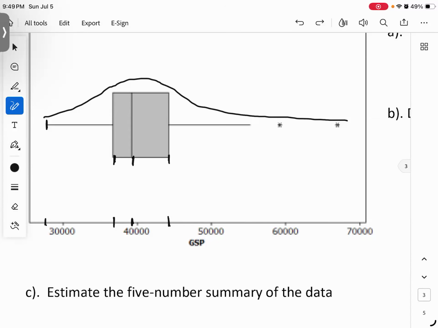That is a data value that was large, but not an outlier. So we've got one here and we've got one there. It's this one though, that's the max. Whenever you have outliers, they are part of the data. You must use them. Don't ignore them. So our max would be something like 67, 68,000.